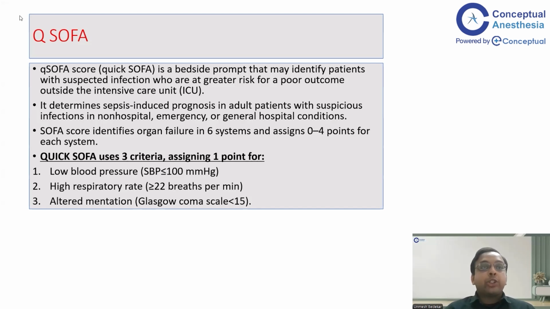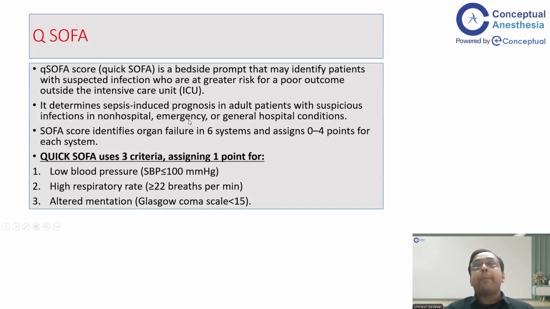The SOFA score identifies organ failure in 6 systems and assigns 0 to 4 points for each system. It is very cumbersome to go through the entire SOFA score because it identifies organ failure in CNS, respiratory system, CVS, the hepatic system, the kidneys, and the GCS.